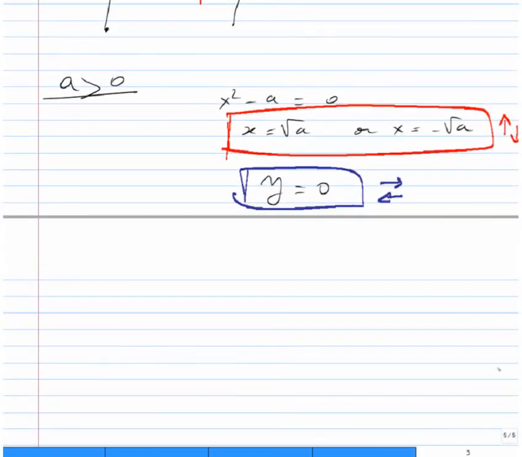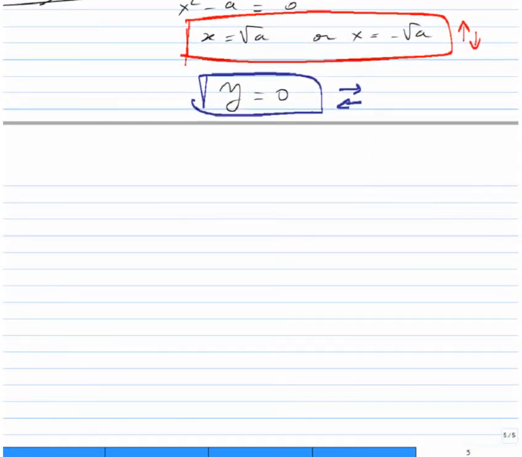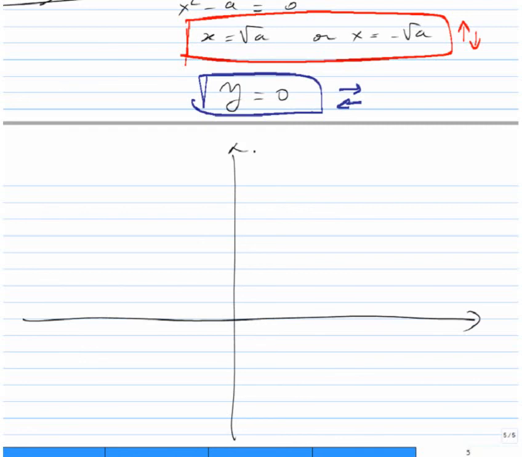If we go to draw the nullclines, we draw first the y nullcline, that's y equals 0, and then we go to the x nullclines.